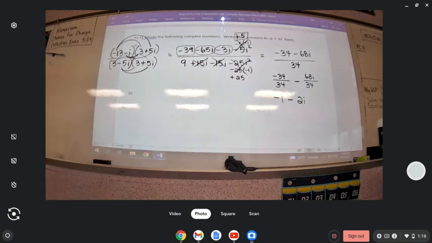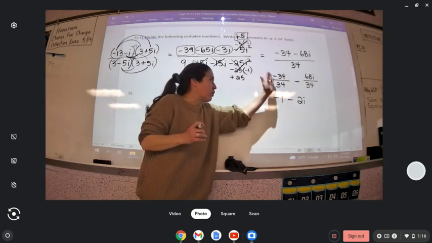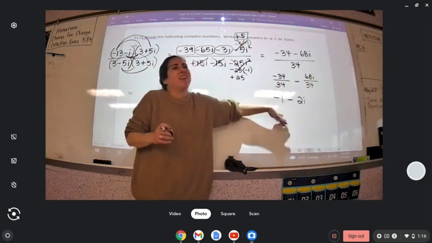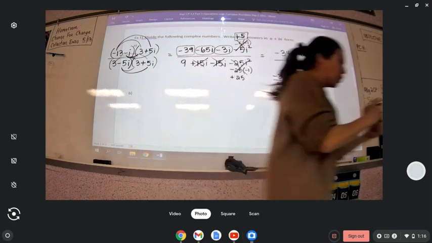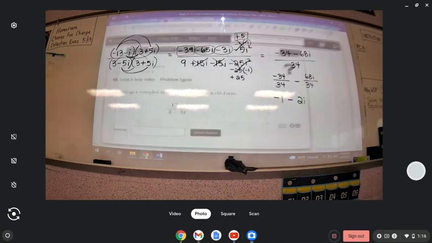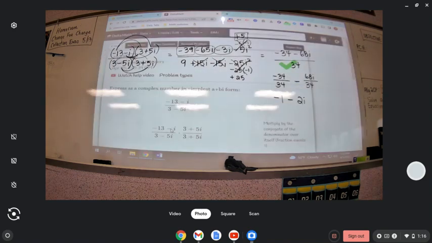And there's your simplified, reduced a plus bi form. So that's nice. And guys, they ain't always going to divide to whole numbers. They're going to stay fractions sometimes. All you're going to be able to do is reduce. This is probably like a best case scenario. So you would go right to Delta Math, and you would type in negative 1 minus 2, and then I just use the i on my keyboard, and you're good to go.